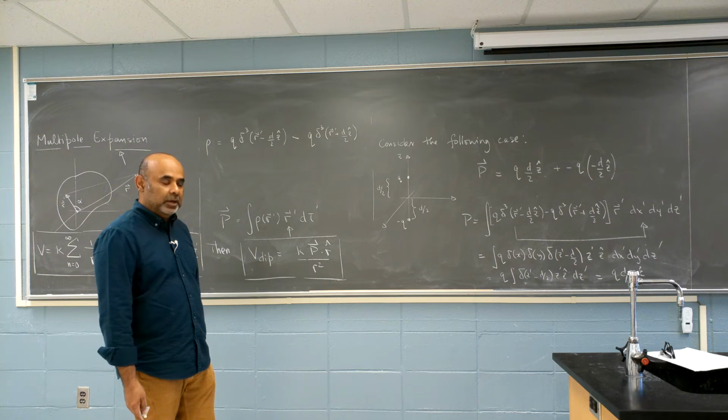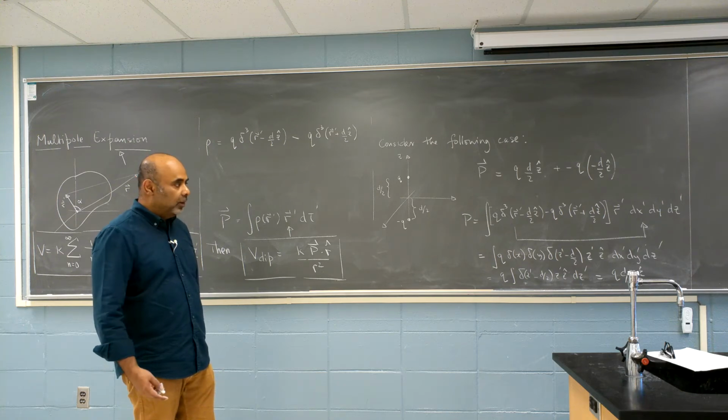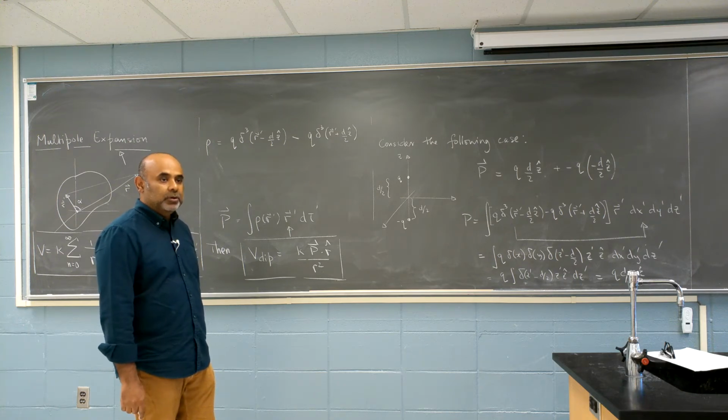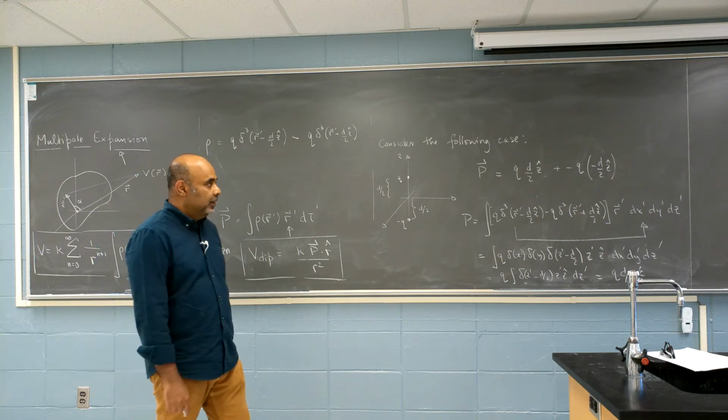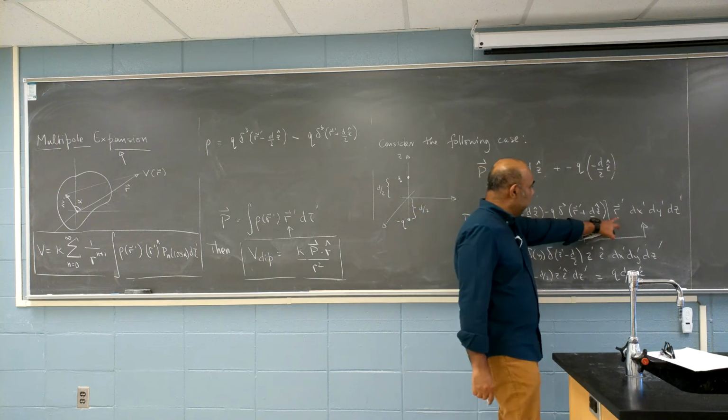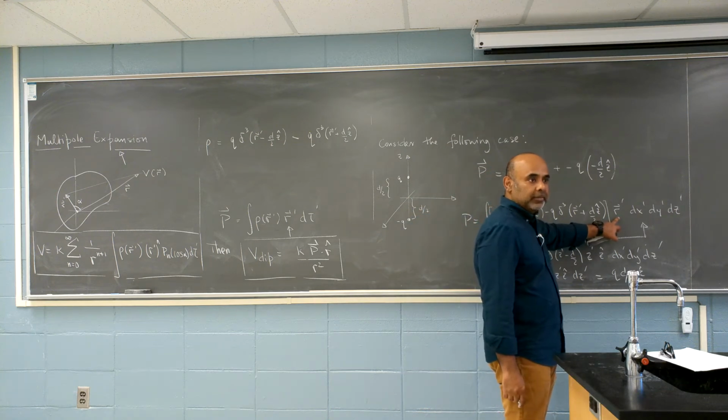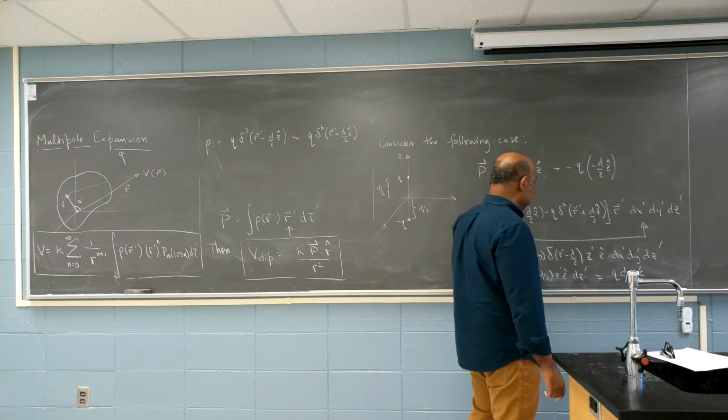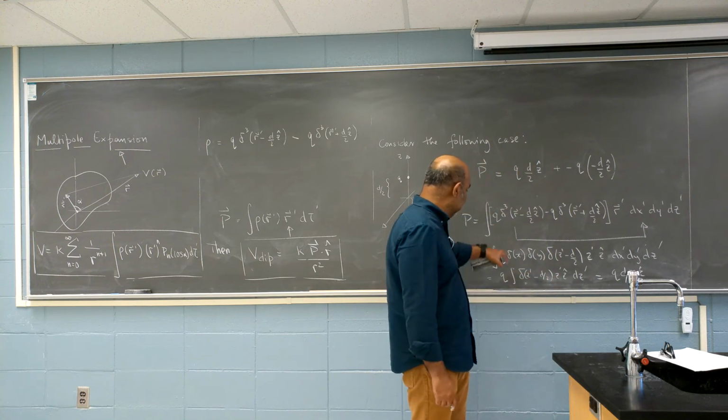The x coordinate of the charge is 0, the y coordinate of the charge is 0, and the z coordinate of the charge is located at its own position. And this is the vector x prime x hat, y prime y hat, z prime z hat. But x prime and y prime would give me 0 because of this.